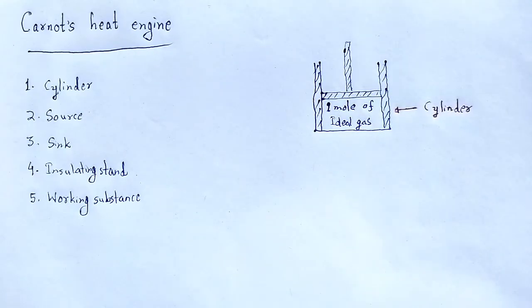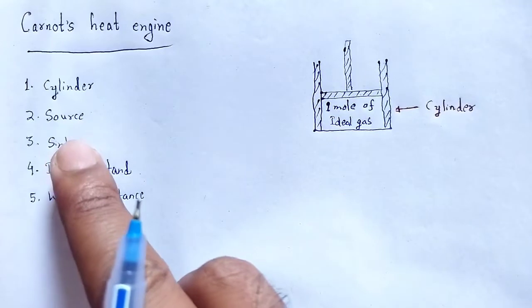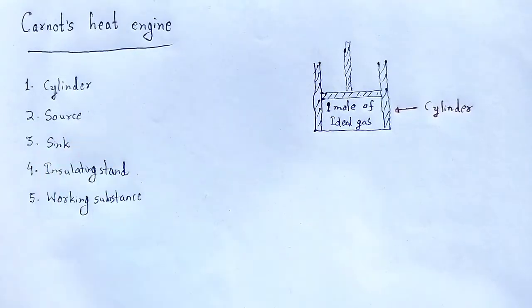Next part, source. What is the source? It is a hot body. As we studied in the heat engine, it is a hot body, or a reservoir maintained at a constant high temperature, let T1 degree Kelvin. It has a very large thermal capacity, such that if a certain amount of heat is taken out from the source, its temperature remains unchanged. That is why it has a large thermal capacity.